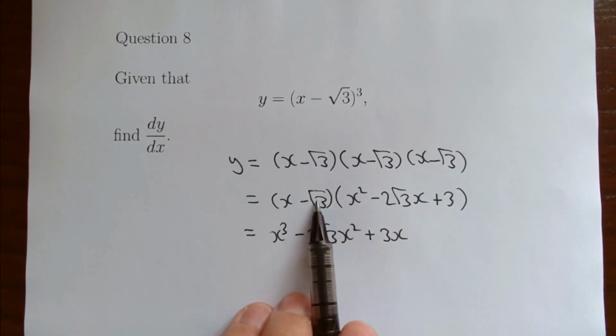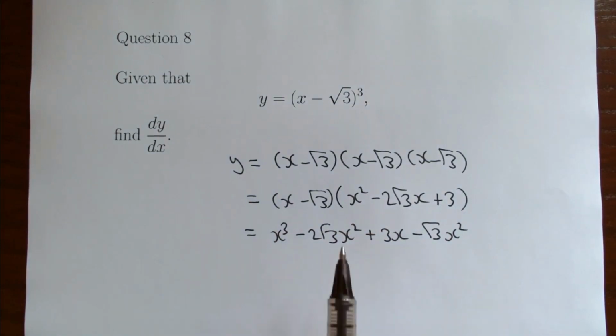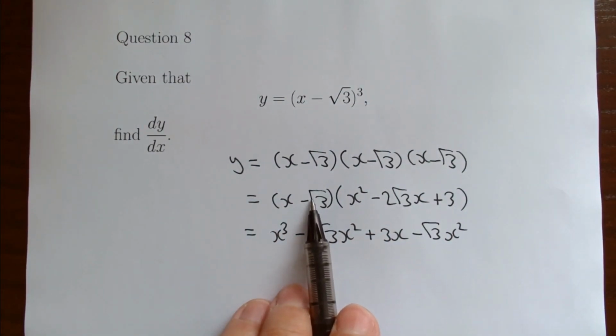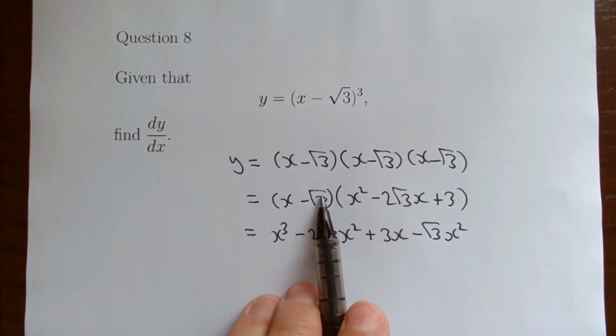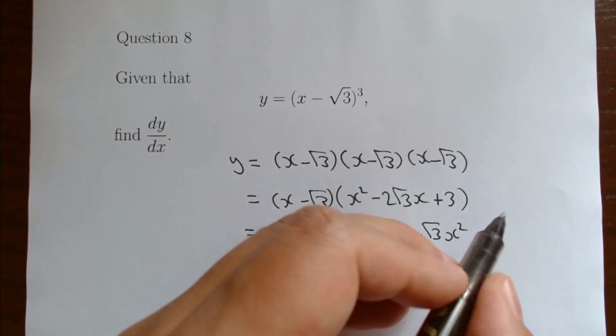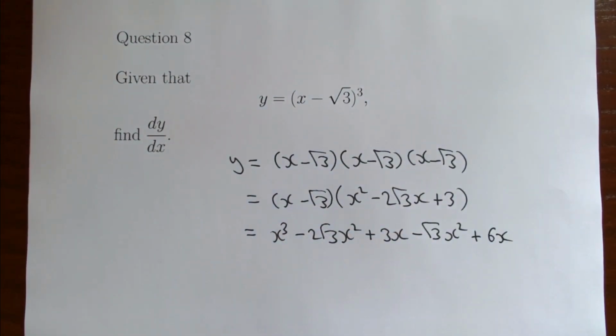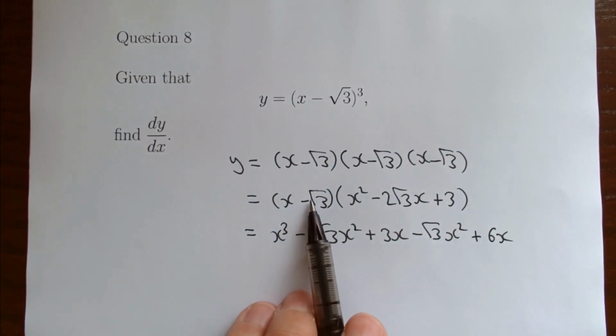So here we get minus root 3x squared. And this we're going to get positive, and that will multiply, that will give you a 3, then times 2 is a 6, so this is positive 6x, positive 6x, and then this becomes minus 3 root 3.